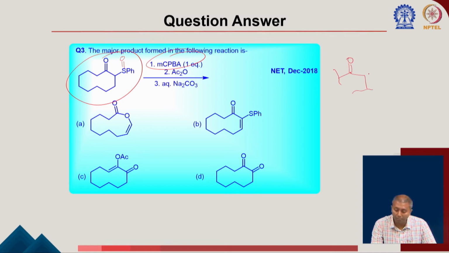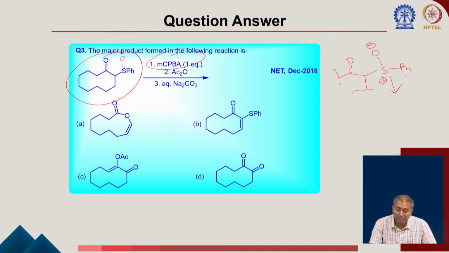For simplifying the problem, we can write SO as, if you remember, S plus O minus. I already discussed in the class that oxygen is more electronegative and can take the electron density towards itself, so you will see more electron density on the oxygen.